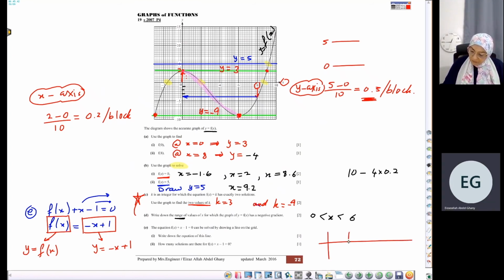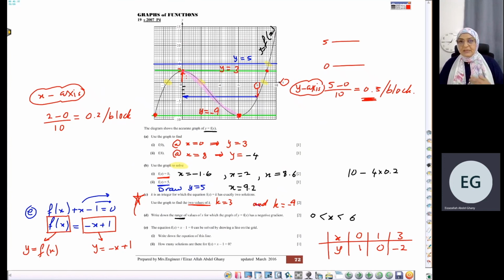by finding at least 3 points on the line, by assuming: put x equals 0, put x equals 1, put x equals 3, for example. You fix 3 points and then extend the line, no problem. 0 plus 1 is 1, negative 1 plus 1 is 0, negative 3 plus 1 is negative 2. So I have here 3 points on the line. You don't just draw it like that.